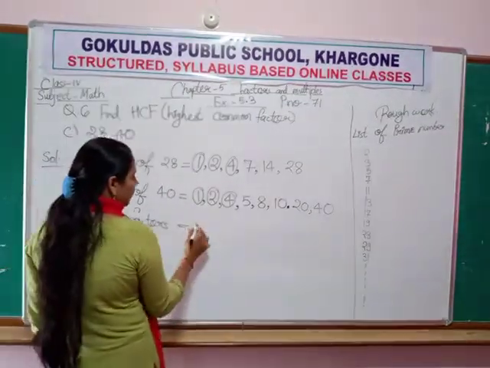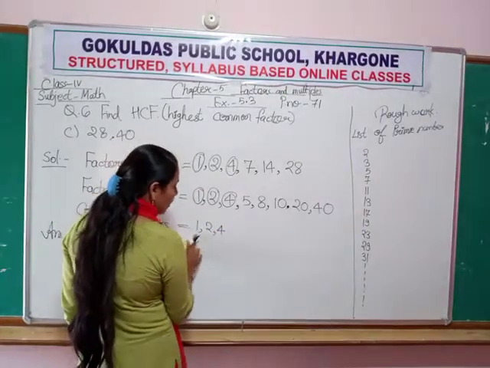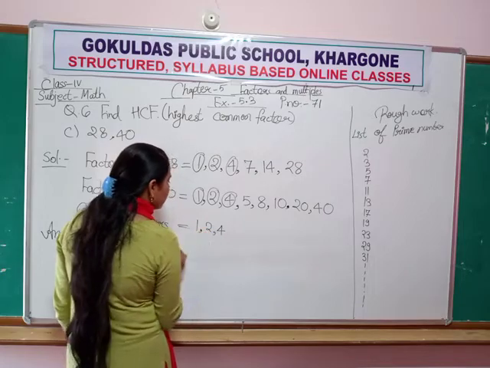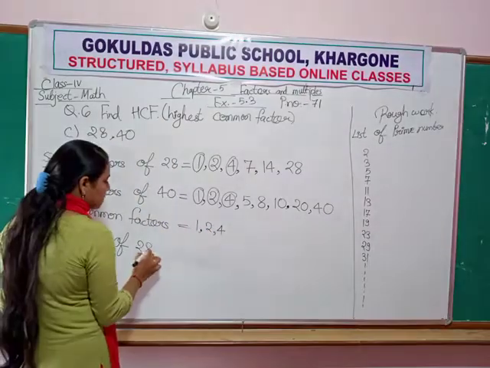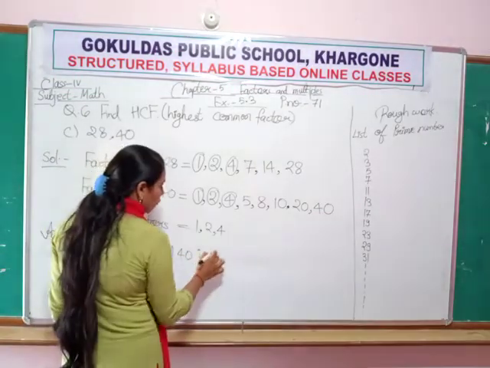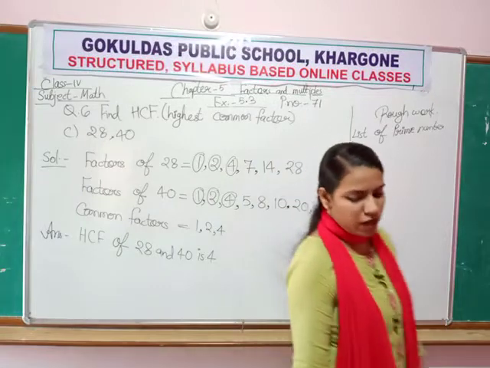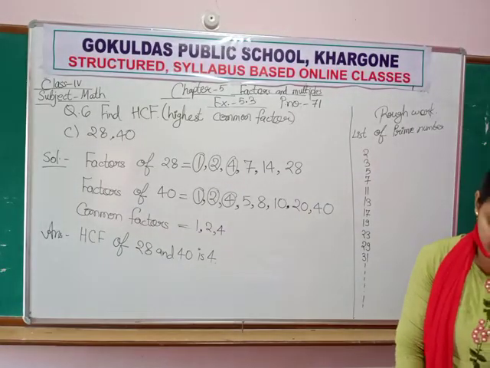Now write the common factors: 1, 2, 4. Now which one is highest? 1, 2 or 4? 4 is highest. So the HCF of 28 and 40 is 4.